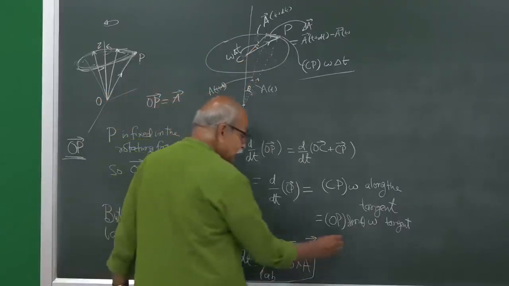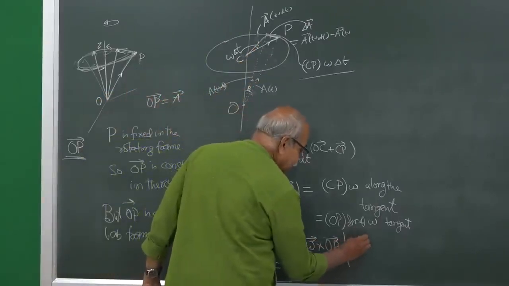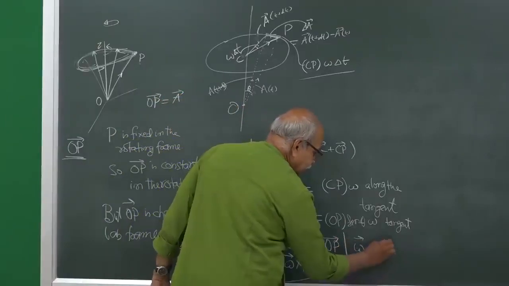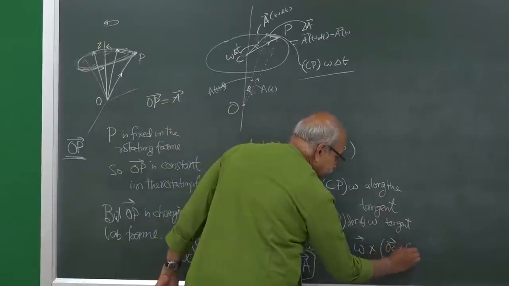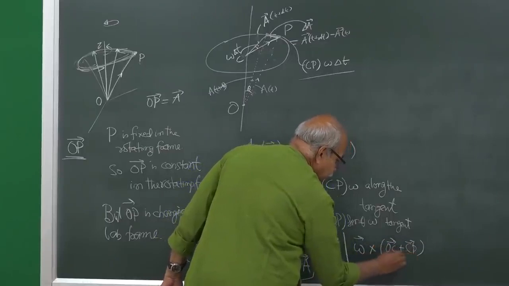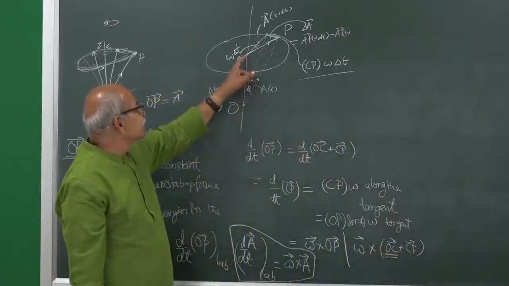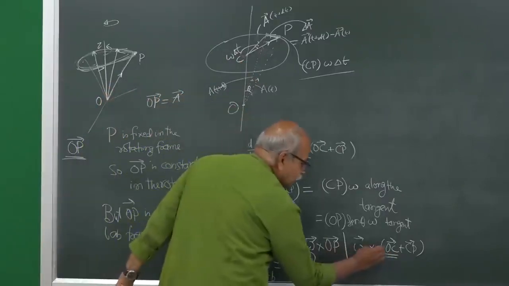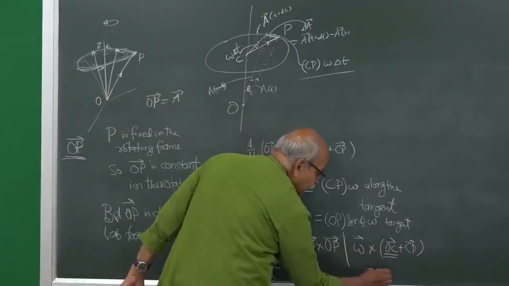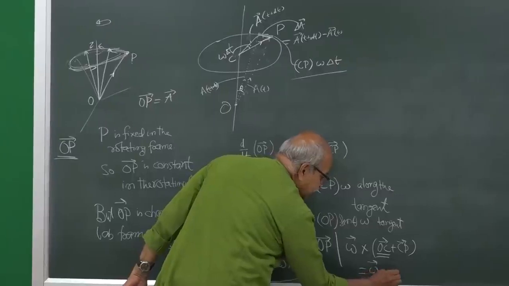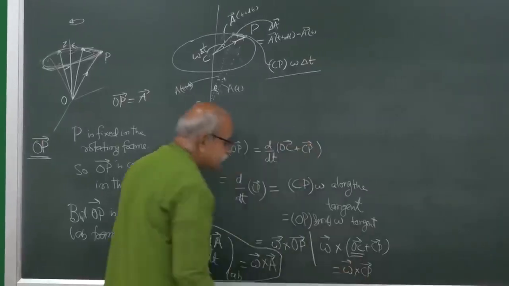How? This omega cross OP, once again you write this OP as OC plus CP, and OC is in the same direction as omega. So, this cross product is 0 and this will be omega cross CP. Now, it is easy to see the direction.